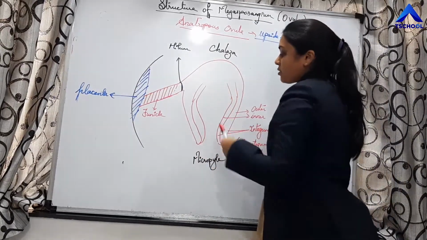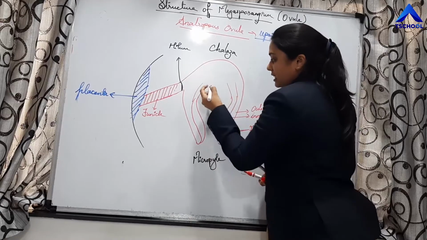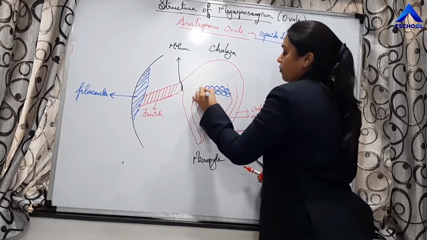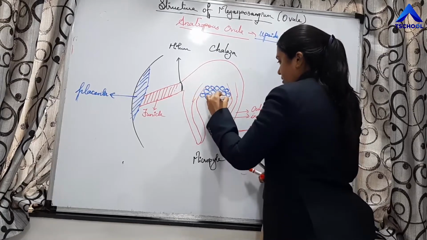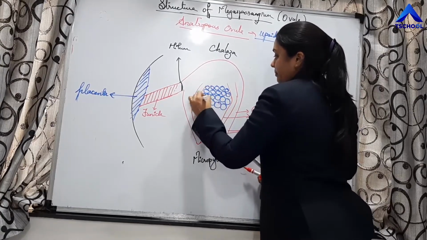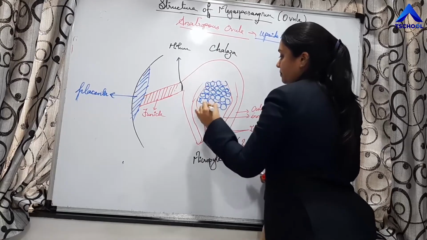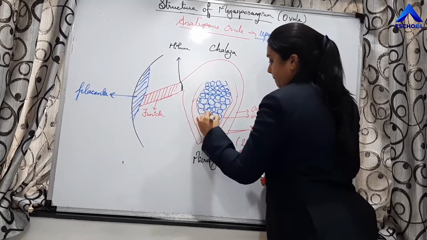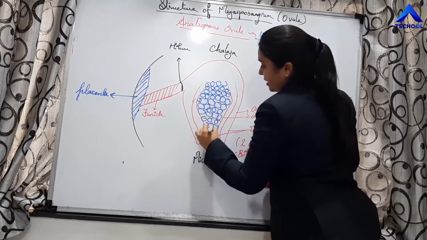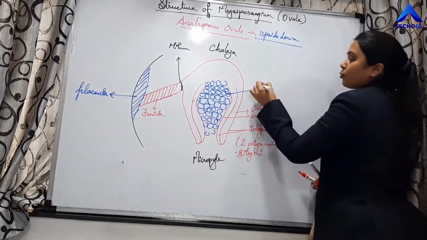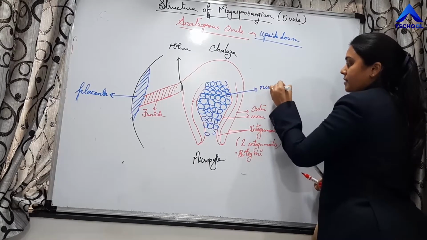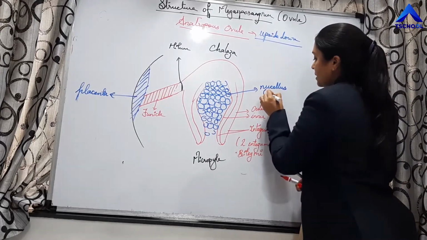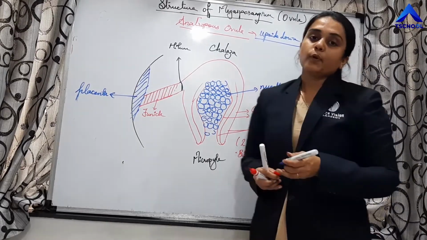Right? What is present within ovule? Within these integuments, the space is filled with a mass of tissue. This mass of tissue is called nucellus, and each and every cell of nucellus is a diploid cell, right?